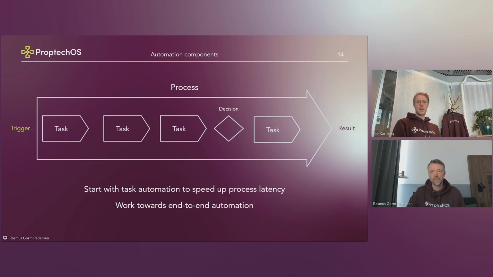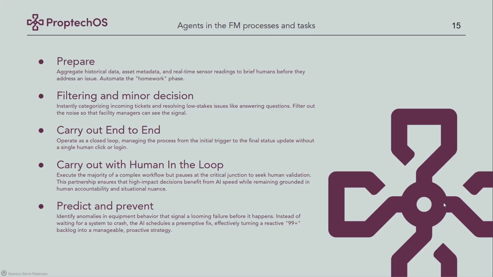And it can also start on a task-per-task basis, where you start with an assistant that will help the traditional work be faster or better, and then it could go towards complete automation of a task, and then it could grow to more and more automation of a process. But anyway, this is just so we have some sort of background and framework. And what is it that agents can do?